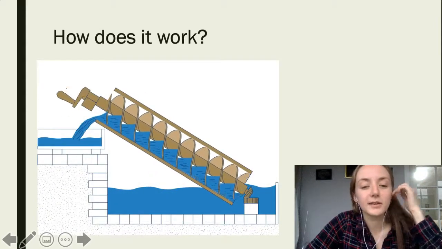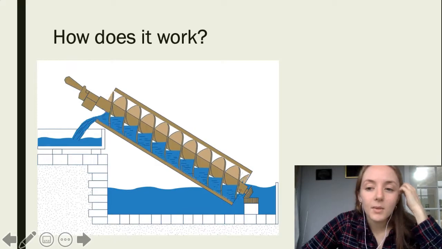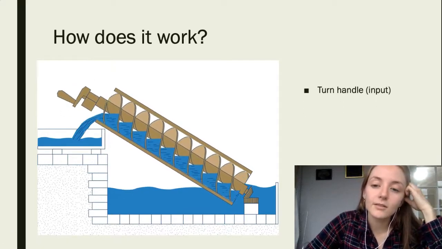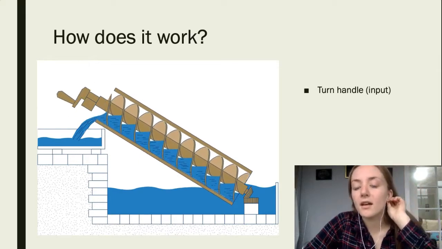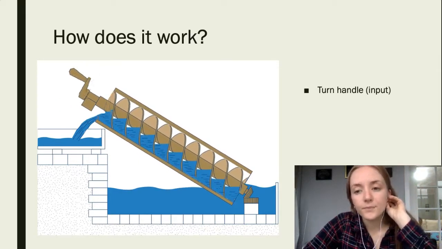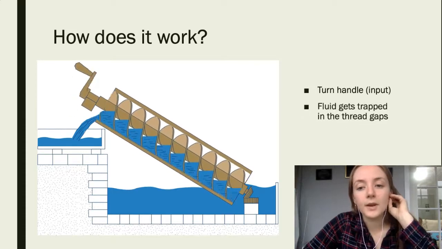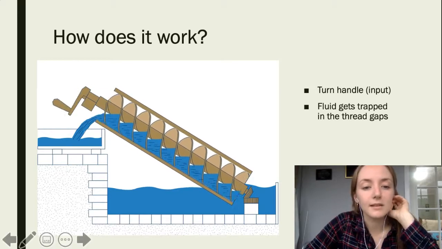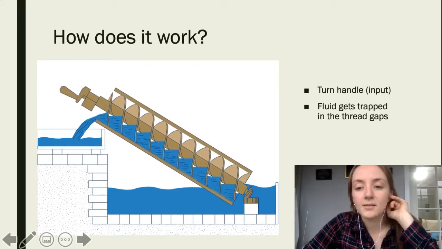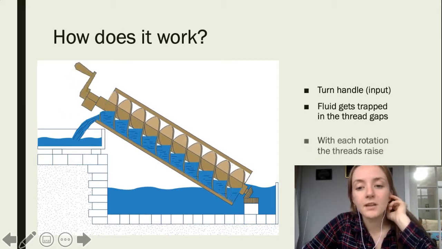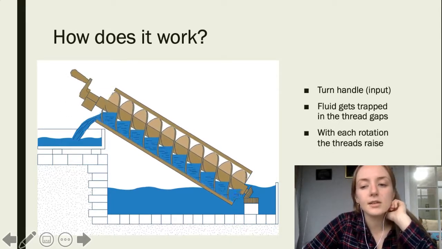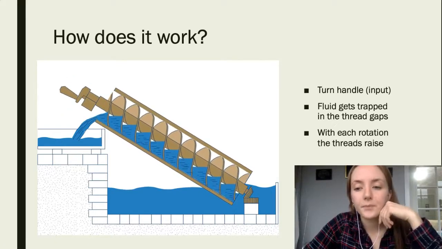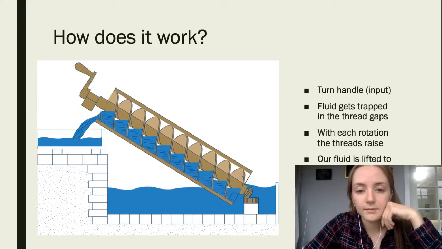This GIF kind of shows what we just saw, but we turn the screw using a handle or a crank, if you would rather, and this is our input. The fluid or the grain or whatever you're moving gets trapped between the enclosure, which is this like cylinder bit, and your thread. And with each rotation, the threads essentially start to move up, and then our fluid is released at the top, as you can see.